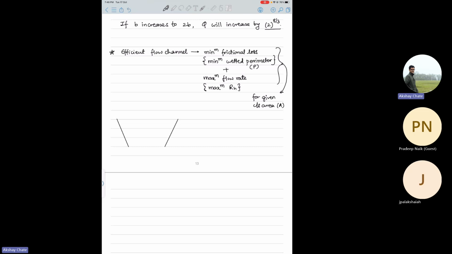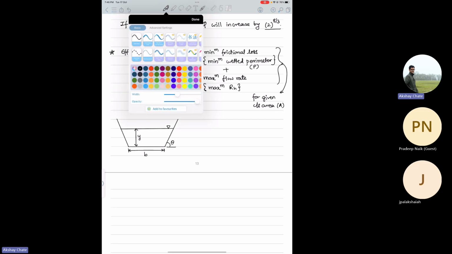We have a symmetric trapezoidal open flow channel as shown here, and you will have the free surface here, the bottom width is given as small b, the height is given as y, and this angle is given as theta. It's symmetric, so theta will be the same on both sides.